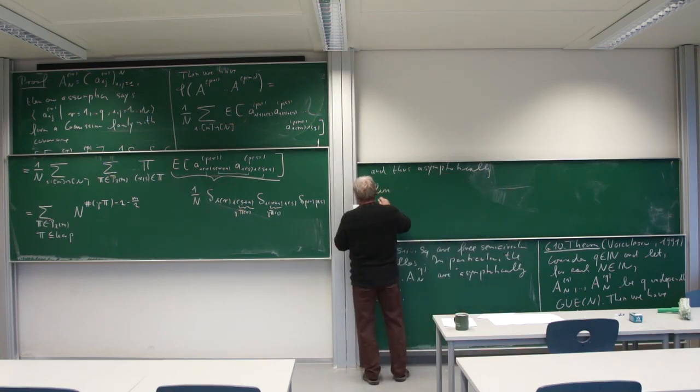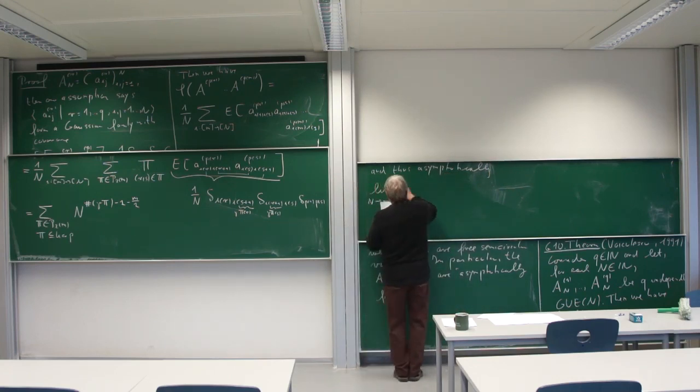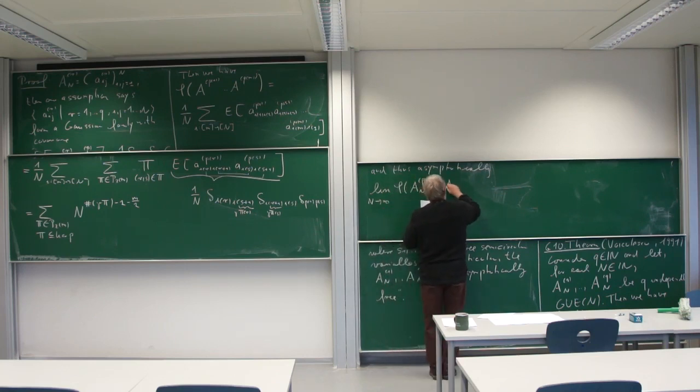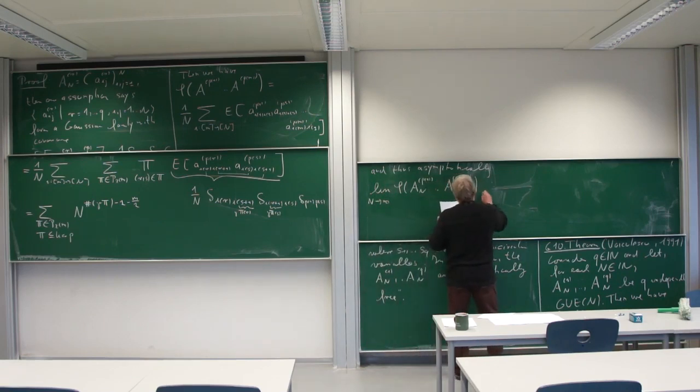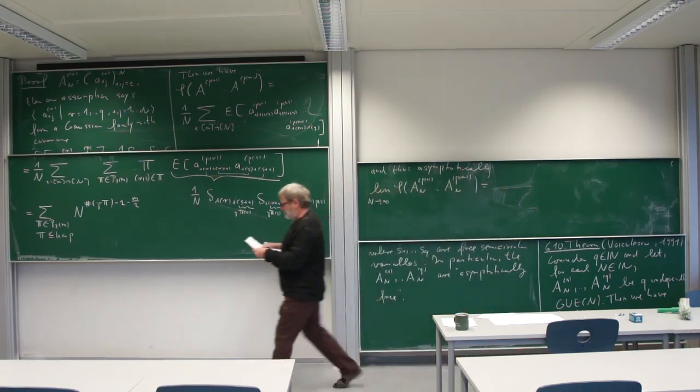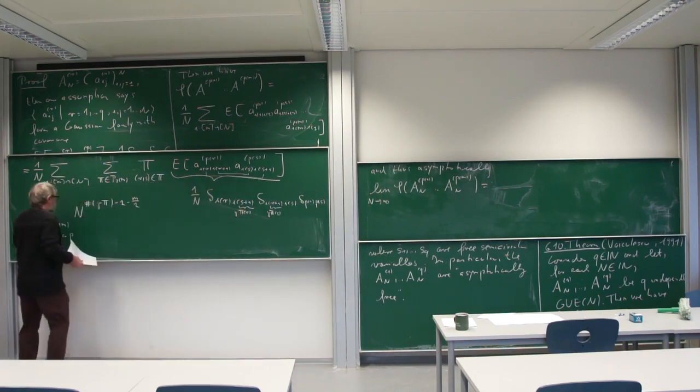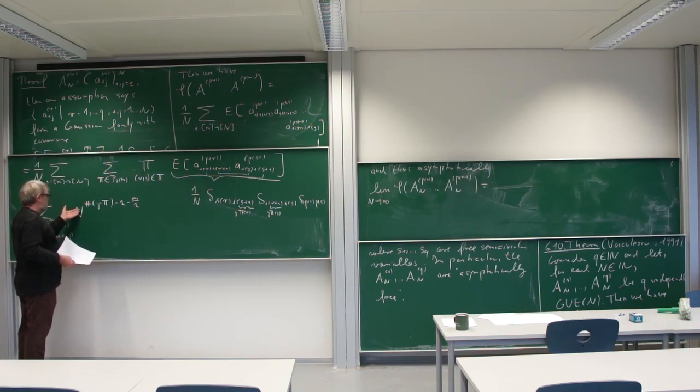Taking the limit of my moment, the moment which I am considering is this moment of the product of my Gaussian random matrices, indexed by the p's. One matrix, the M matrix, that is in the limit given by this formula. n goes to infinity, I get here contribution 1 if pi is a non-crossing partition, then I get a contribution 0 if pi is a crossing partition.